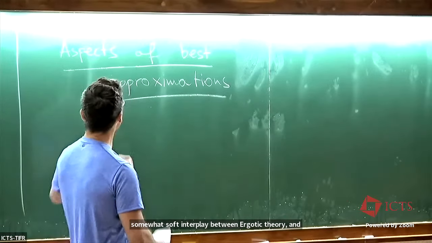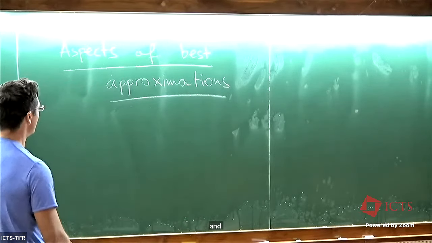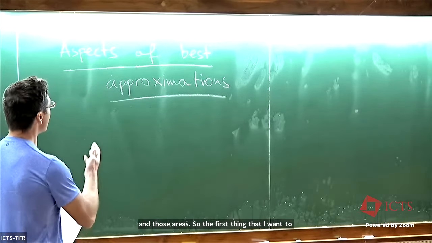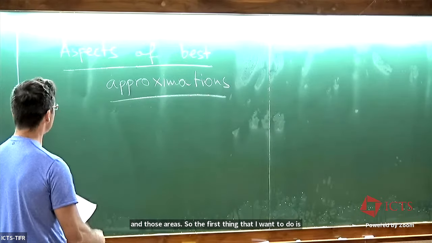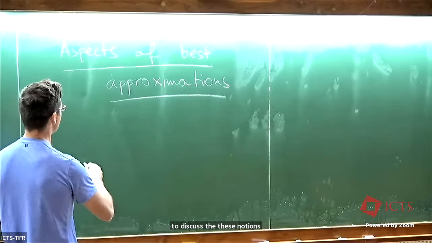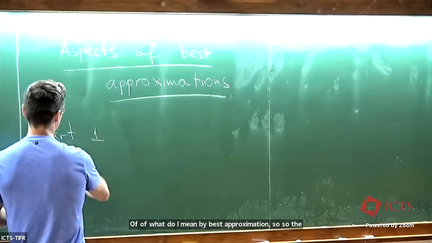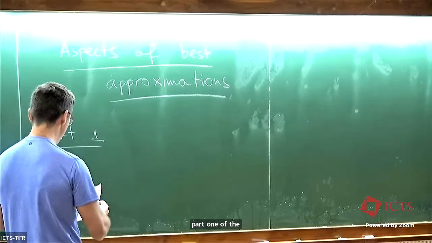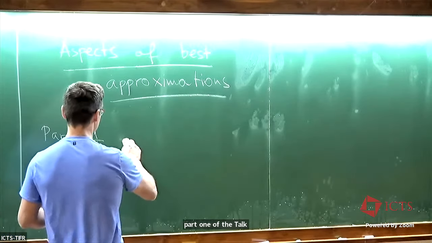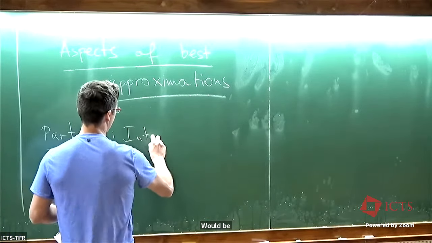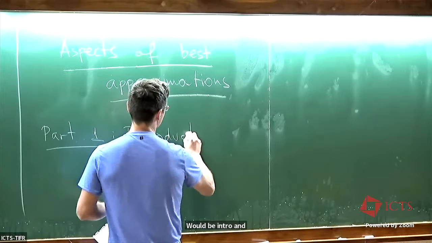So the first thing that I want to do is to discuss what I mean by best approximation. So part one of the talk would be intro and results. Introduction.